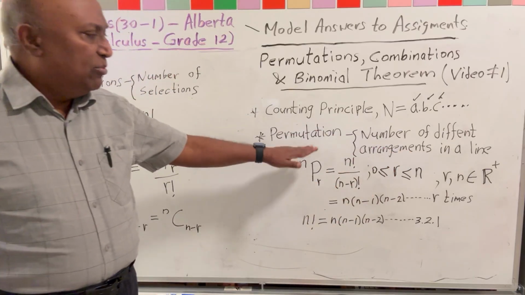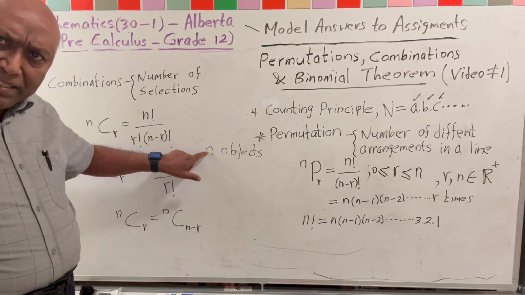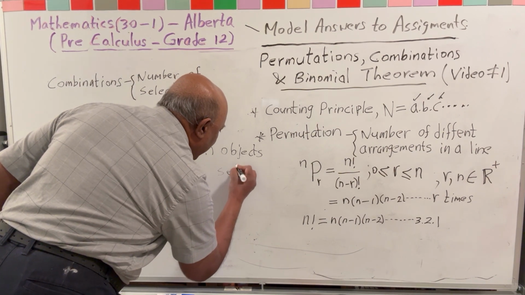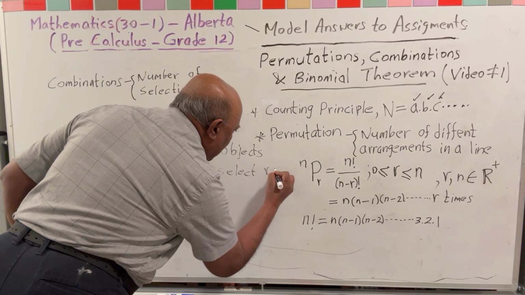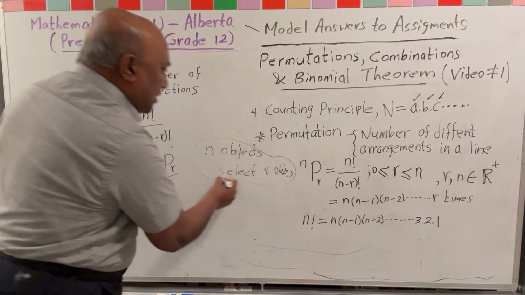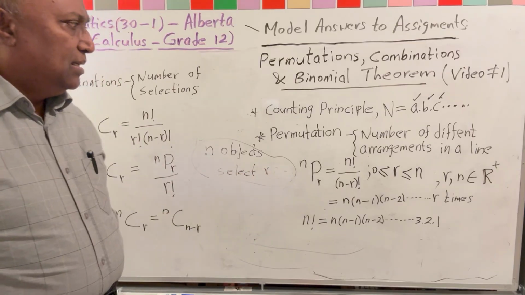That is called permutation. In general, out of n objects, if we have to select R objects, we are going to generalize this. Out of n objects, we have to select R objects.